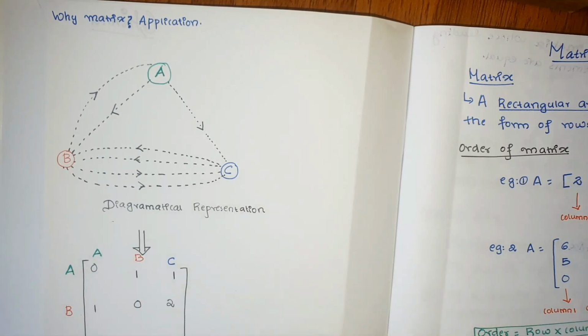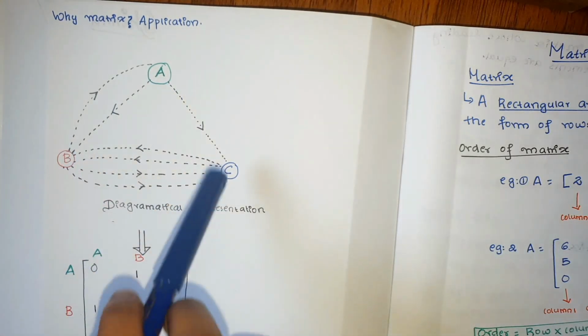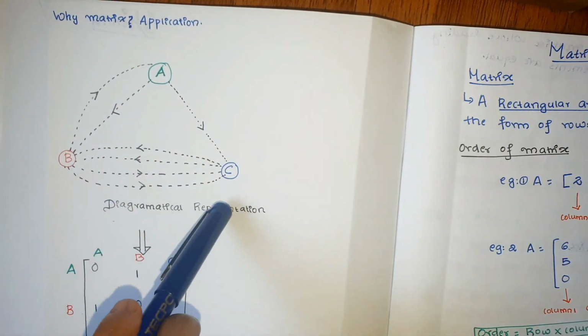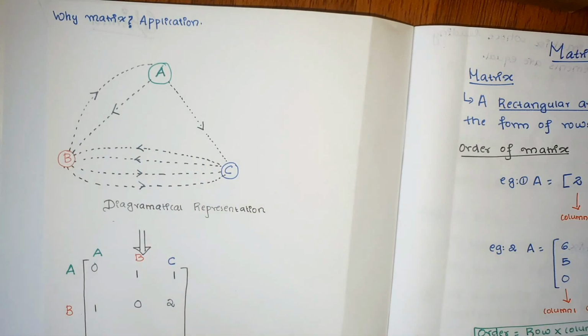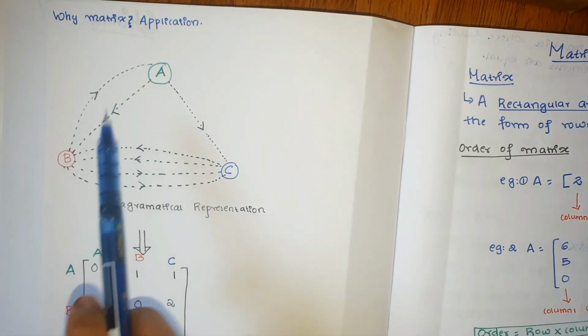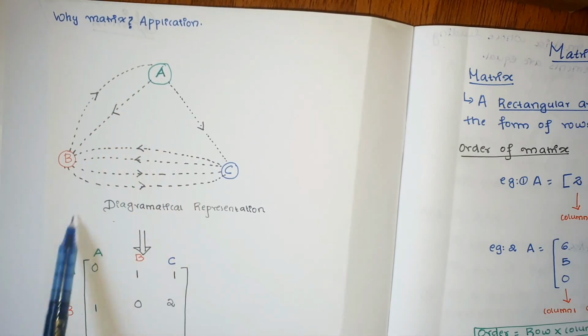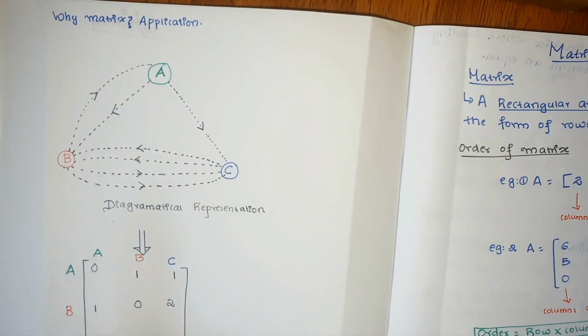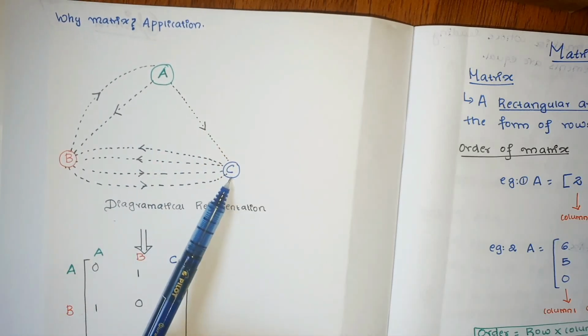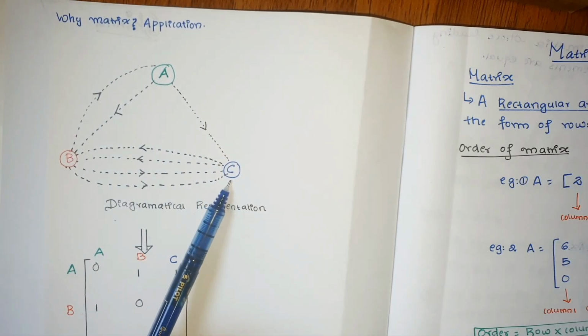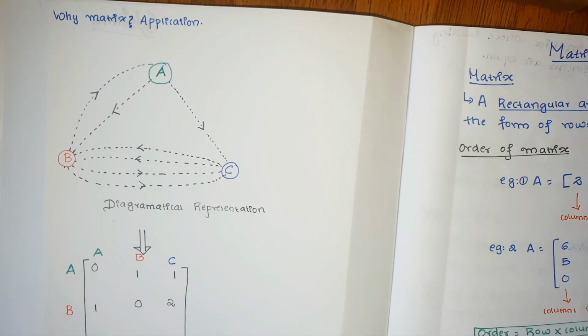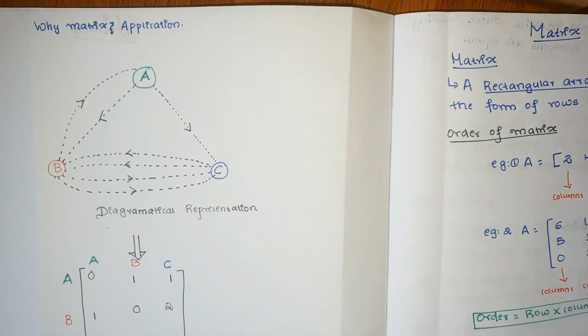Suppose there are three people, A, B and C. Assume they are players. A has the ball with him. They are in their warm-up session, and A has the ball. A is passing the ball to C, and C is passing the ball to B. You can just visualize a football with three players.